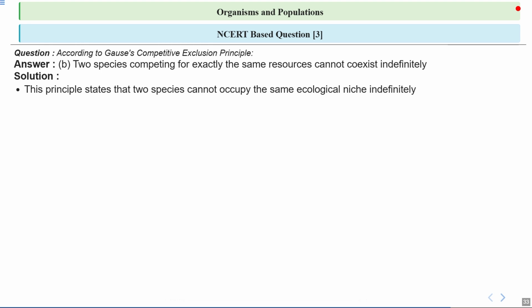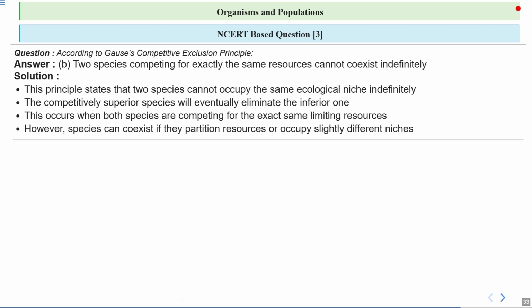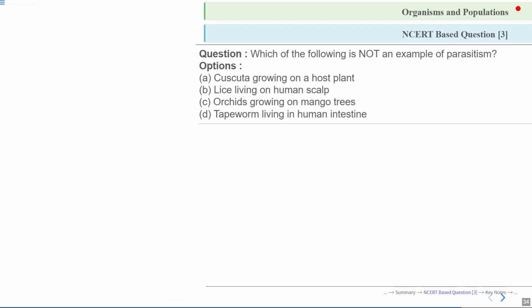If they are using the same resources, then they cannot coexist indefinitely. The competitively superior species will eventually eliminate the inferior one. So this occurs when both species are competing for the exact same limiting resources. Clear? How can the species coexist? By following the mechanism of resource partitioning.